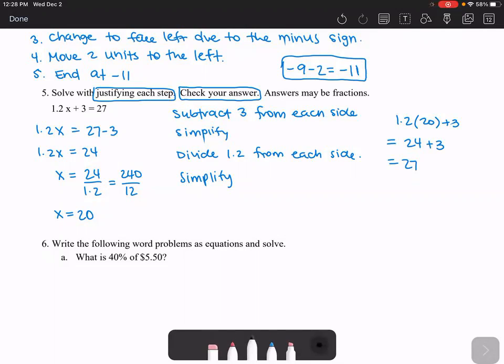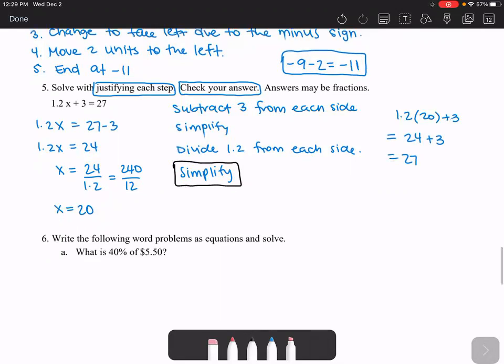Yeah, that's a good question. I wouldn't say so, just because this last step of simplifying, in my opinion, encompasses that: doing the division 24 divided by 1.2, which that division algorithm has the moving of the decimal. So I wouldn't say that you need to write it out, just because it's kind of implied in this simplification step. But that's a good question.